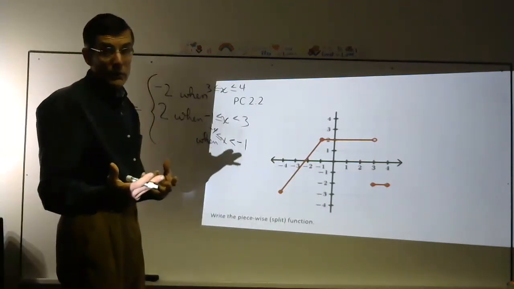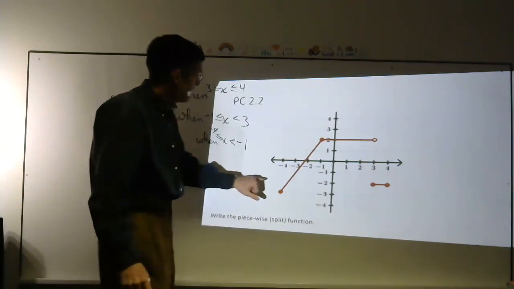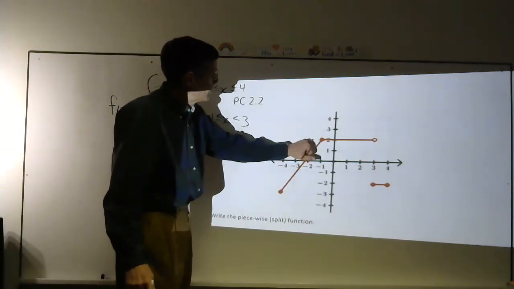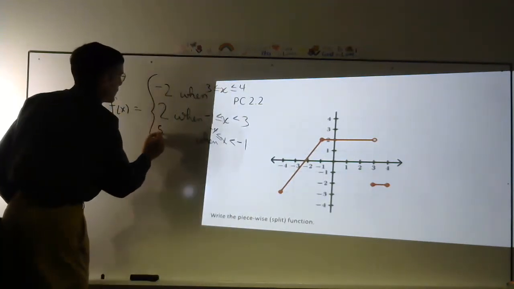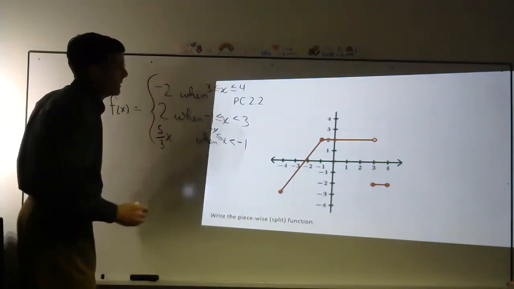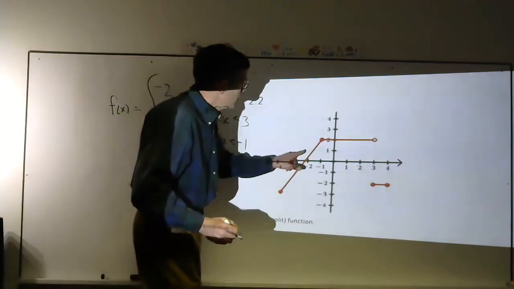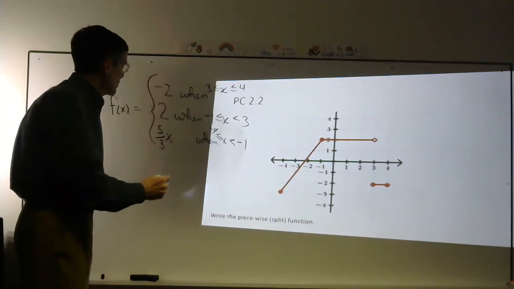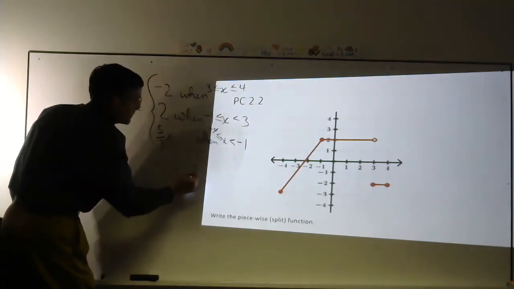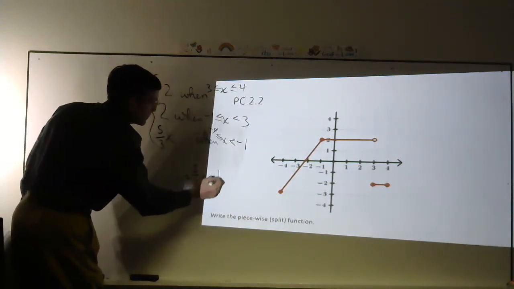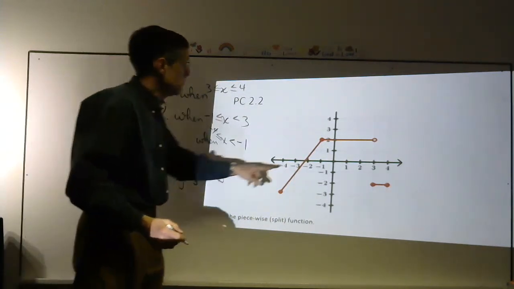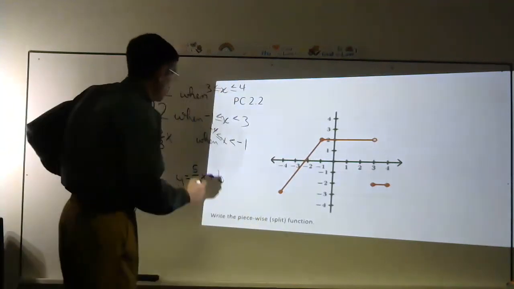A line, y equals mx plus b. It's a slanted line. What's the slope? 1, 2, 3, 4, 5 over 1, 2, 3. So it's 5/3 x. And where would it hit the y-axis? Okay? So it's y equals 5/3 x plus b. We've got to find out where it hits the y-axis. We can put a point in about -1, 2.